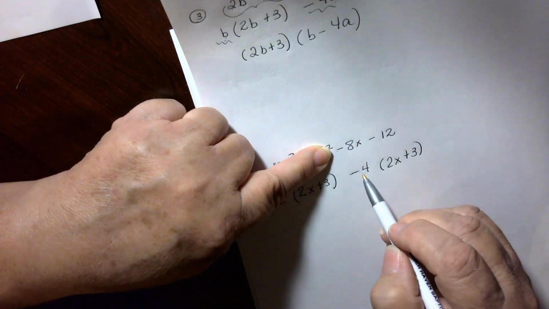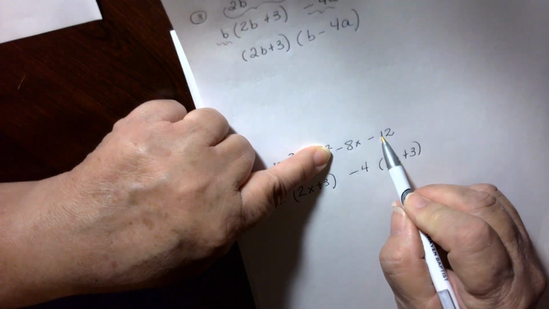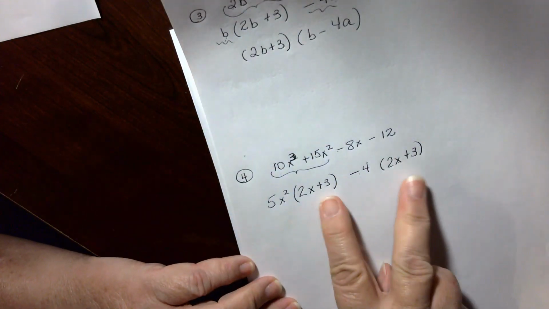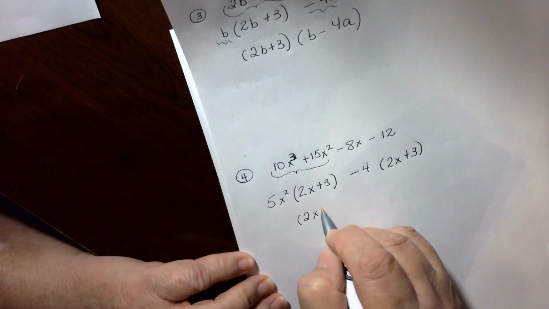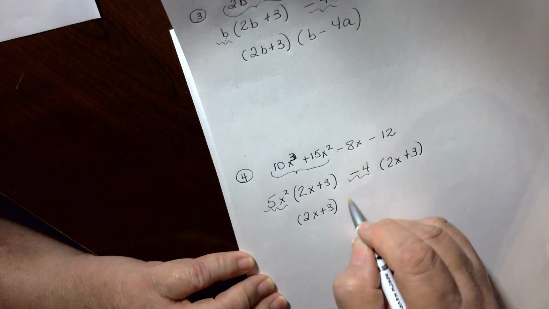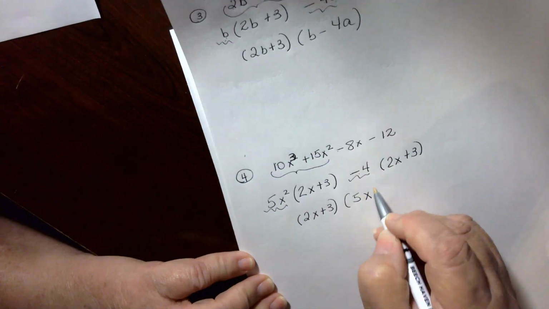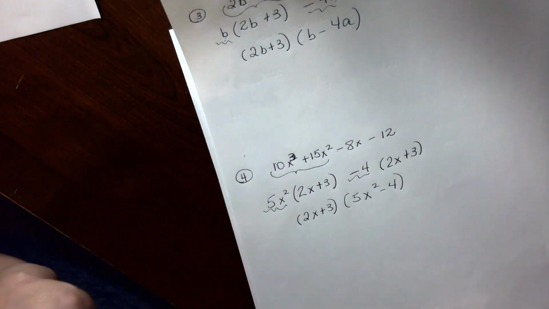And I make sure that negative 4 times positive 3 gives me a negative 12. And it does. So now I write down the common factor. And my other factor is this part and this part, 5x squared minus 4. And that's my answer. Okay, that's it.